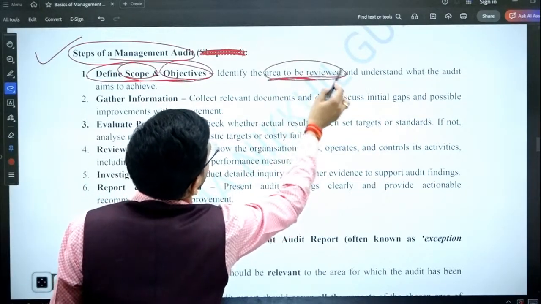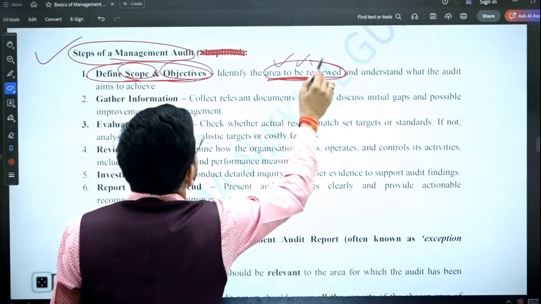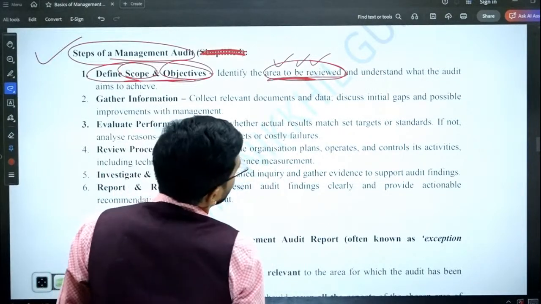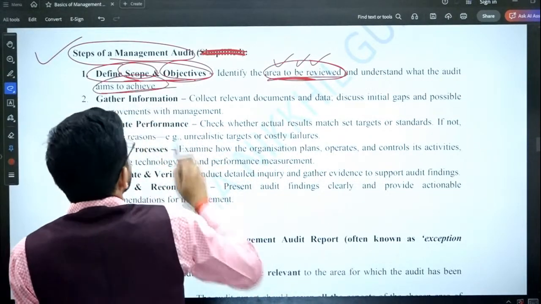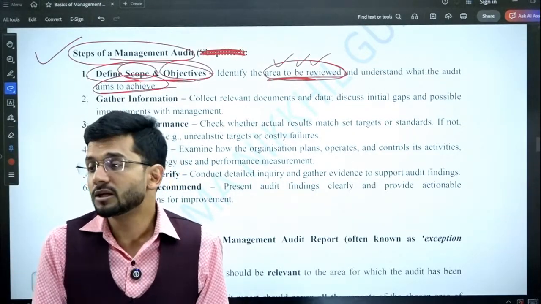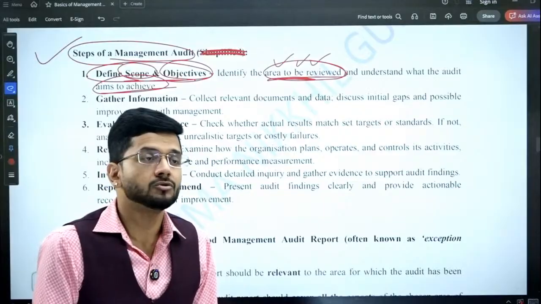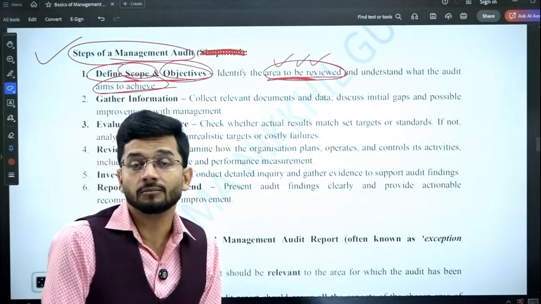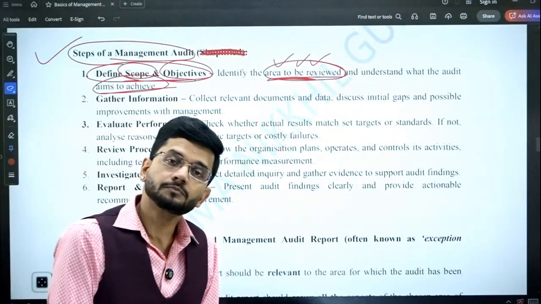Identify the areas to be reviewed, whether you will review finance, HR, process, marketing, what are you going to review? So identify the areas to be reviewed and understand what the audit aims to achieve. What are your goals and objectives? For example, your goal and objective can be, I want to see whether financial obligations are being met on time or not by the management.